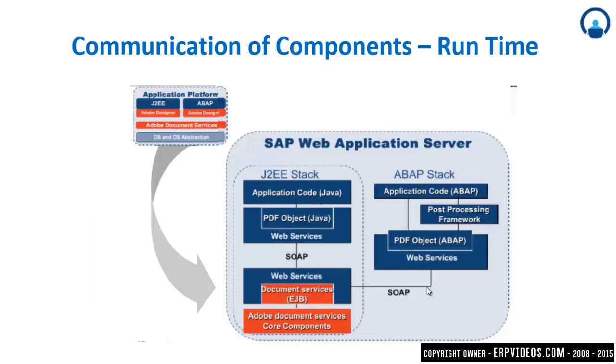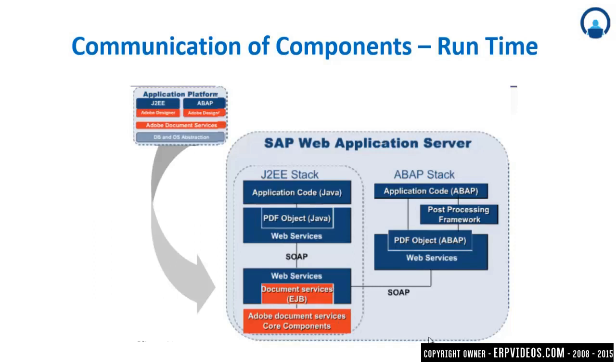And here we'll have a SOAP protocol to be used, which will be linked to the web services. Then for the Java stack, that is where we have used the J2EE stack, we'll have our application code under that Java, and we will have the PDF document where that Java data will be fetched. And then we have a SOAP protocol which has been connected to the web services.